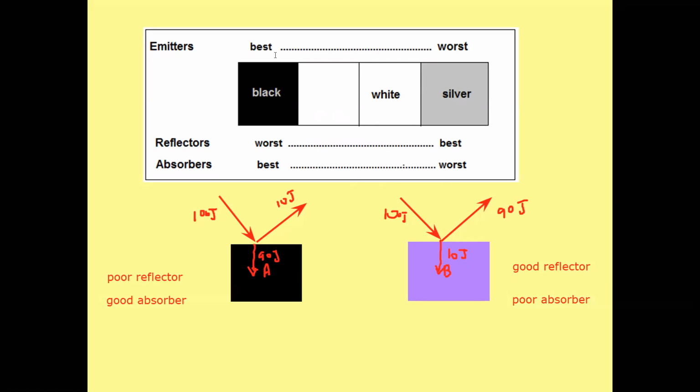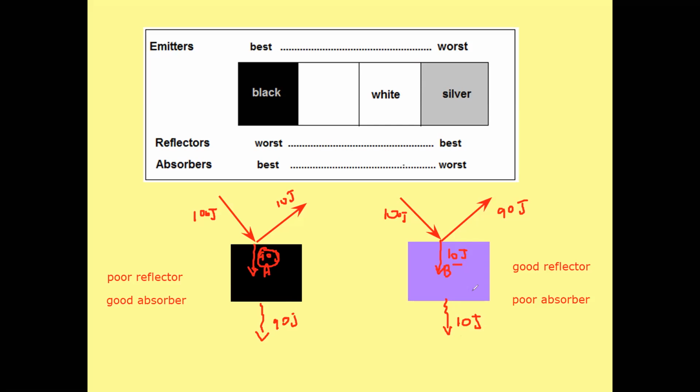Now what happened: this object will not keep this 90 joules for a longer period of time, and after some time it will release that 90 joules. It will emit out that 90 joules and come back to the same room temperature. So which one is a good emitter? It absorbed 90, so it will release 90.